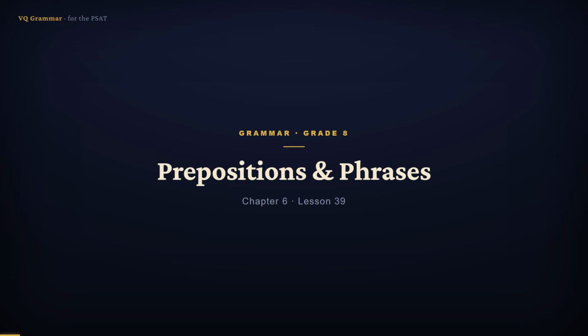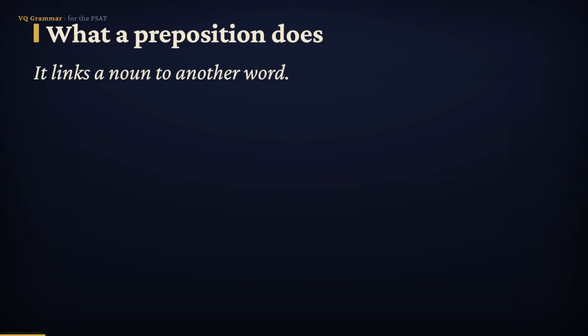A preposition is a small but mighty word. It shows the relationship between a noun or pronoun and another word in the sentence, often telling us where or when. Let's meet them. So, what does a preposition actually do? It shows a relationship between two things. Very often, that relationship is about place.